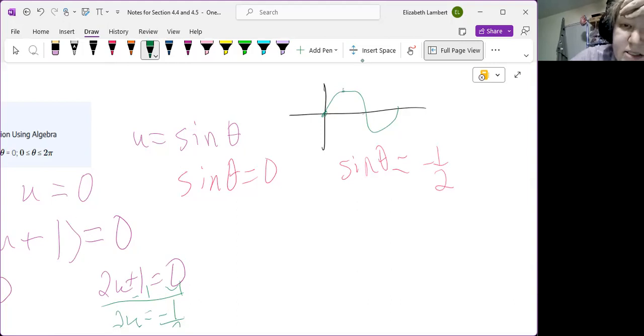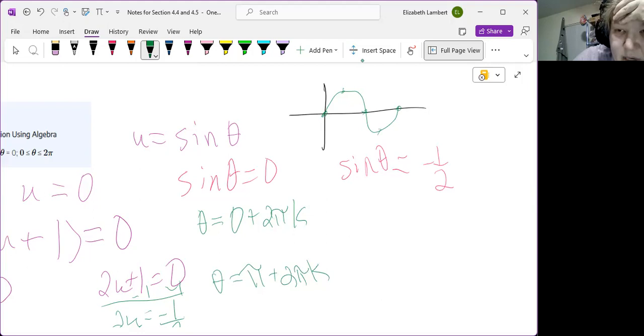And then that's our +1 at pi over 2. Our next 0 occurs at pi, 3 pi over 2, and then 2 pi. But 2 pi is just 0 plus 2 pi. So this is going to give me theta could be 0 plus 2 pi k. Theta could be pi plus 2 pi k. Now technically that could all be written as one statement, but again, I just generally write it as 2.